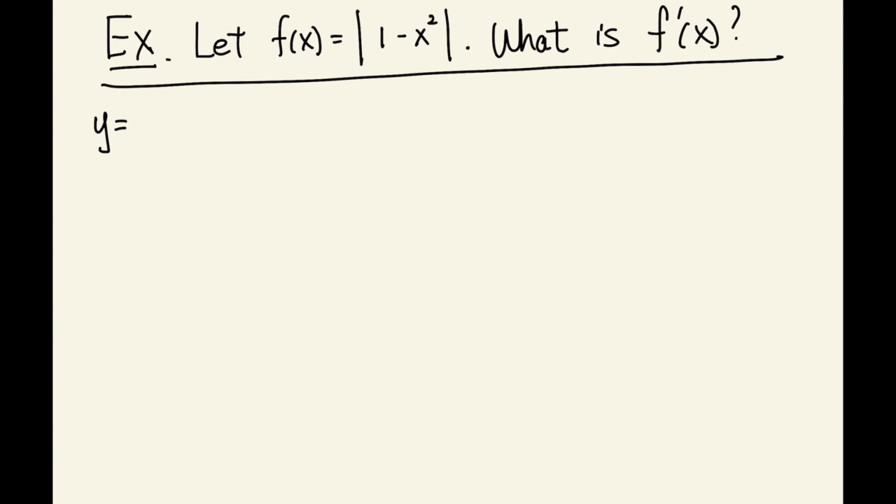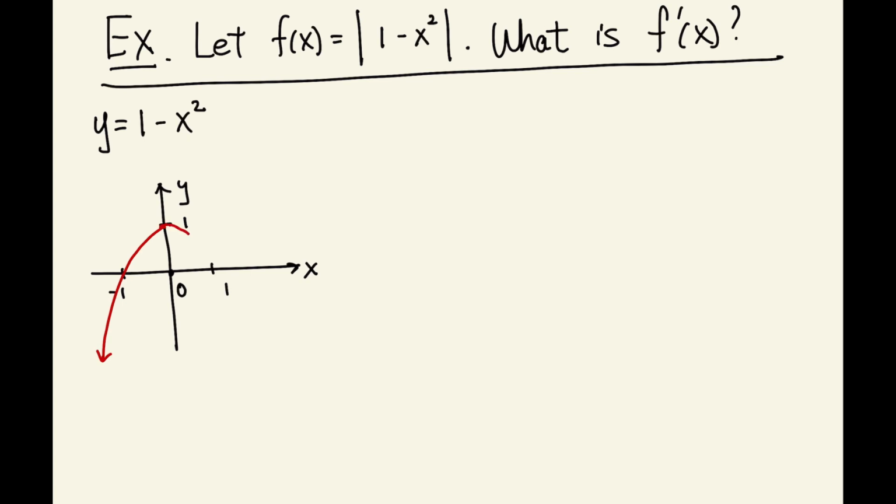So if I graph 1 minus x squared, I can see that this is just a parabola that opens downward and has x-intercepts 1 and -1 and y-intercept 1. So this parabola looks like this.